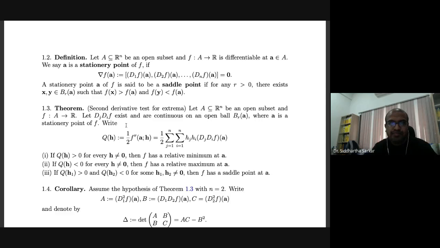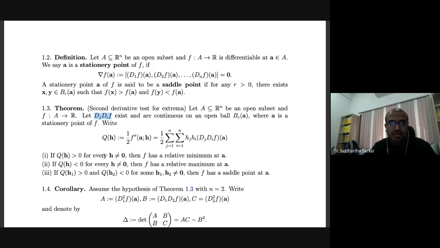The function is real valued from some open subset of R^n. And suppose my second order partial derivatives exist and are all continuous in some open ball around a. Okay, and I also assume that a is a stationary point. So I do not know as of yet what kind of point that is.